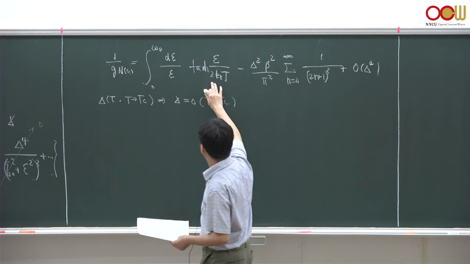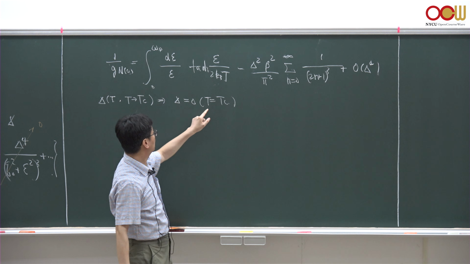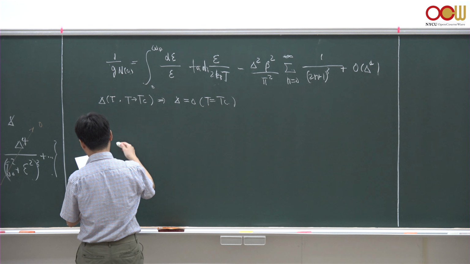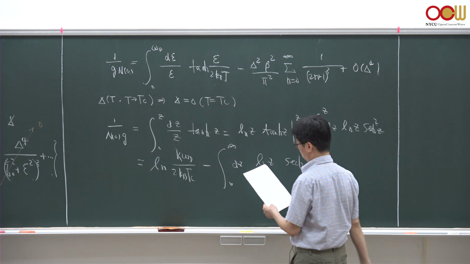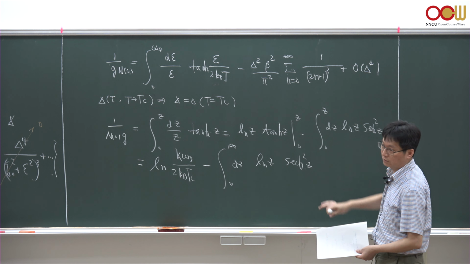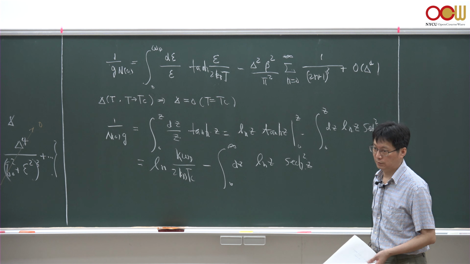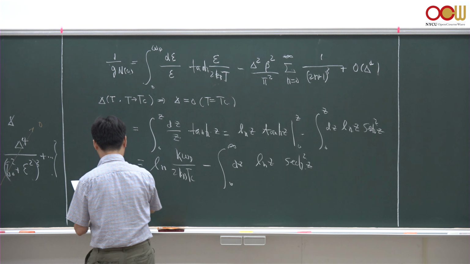So you have only the first term. When that happens, T should be replaced by Tc. And then you could get precisely what we had before. This integral is precisely the same integral that we evaluated when we discussed the Cooper instability. So you get the same results.